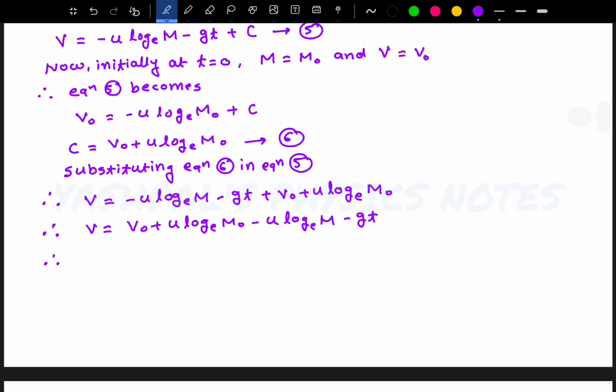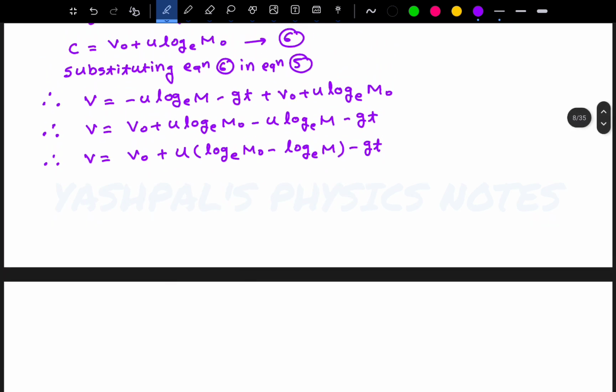Therefore v is equals to v naught. Now see, in these terms u log e m naught minus u log e m, u is common, so I can write it outside. So u log to the base e m naught minus log to the base e m and minus gt as it is. Now we know the identity log a minus log b.